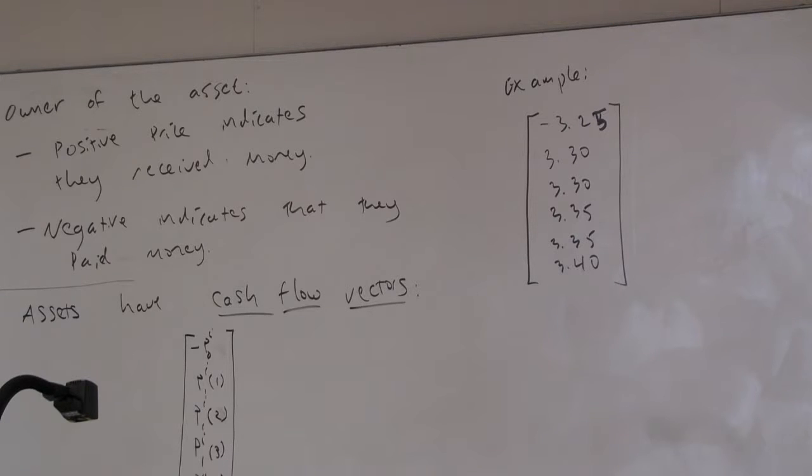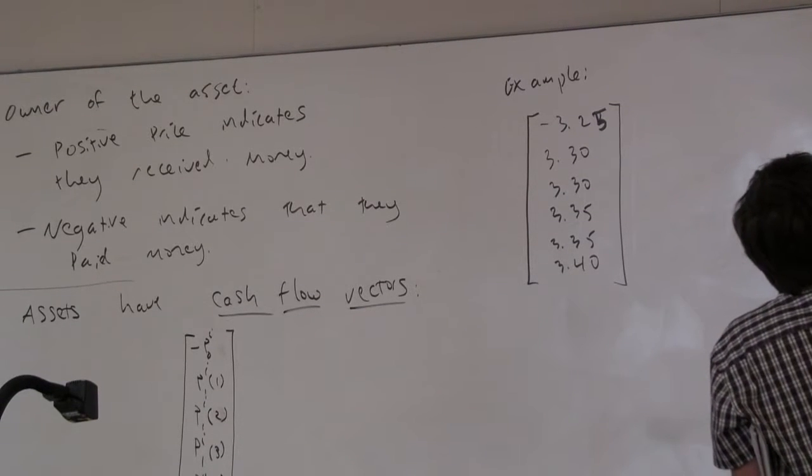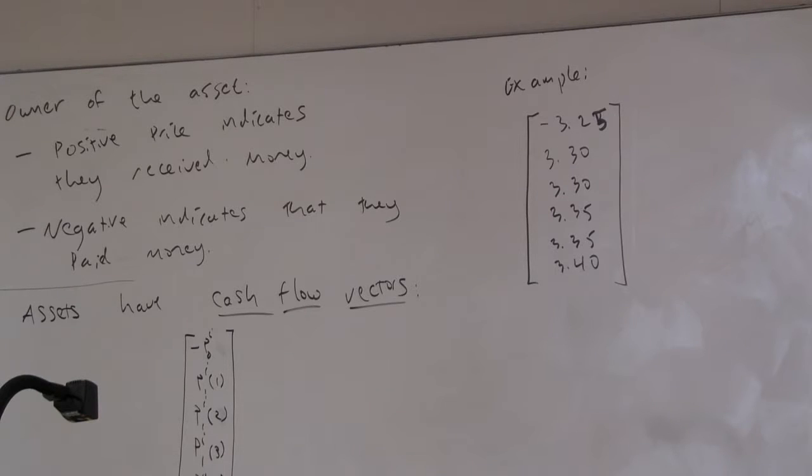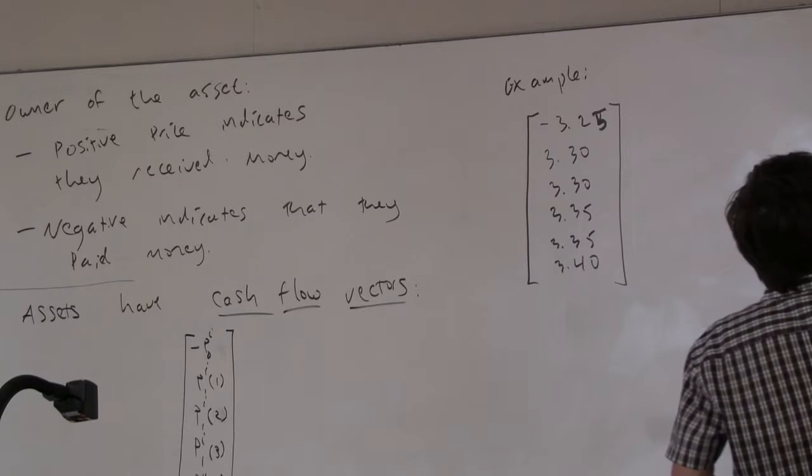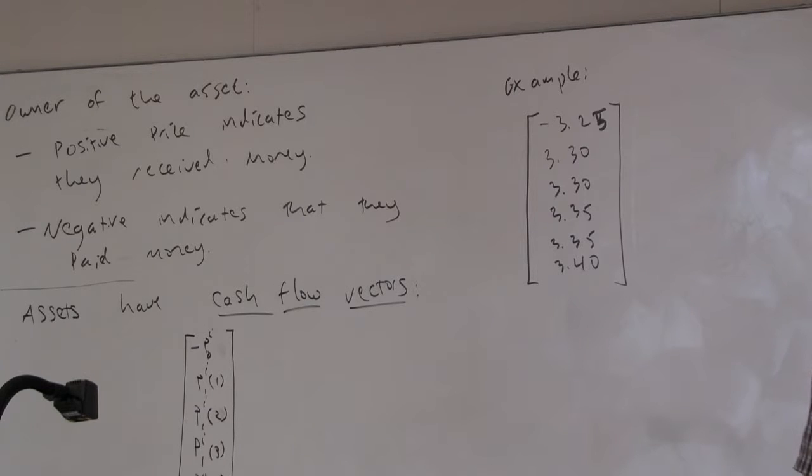So an example would be a bank. A bank accepts a deposit of $10, and it has the following cash flow vector. So the bank, this is from the bank's perspective.